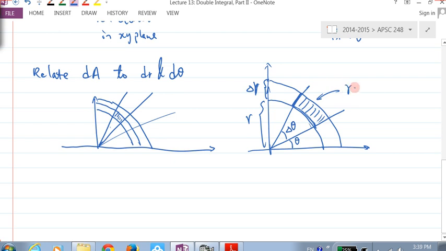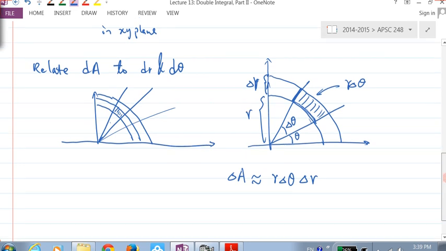It's going to be R times this angle. Was that right? Yeah, so that's basically the arc length. This arc length right here is R times delta theta. So then the small area, delta A, is approximately equal to R delta theta and delta R. So one side times the other, as a rectangular area.